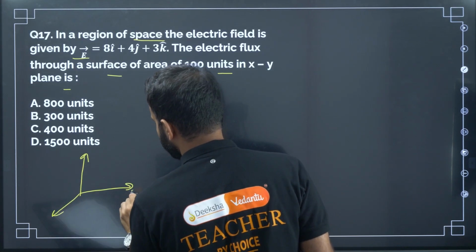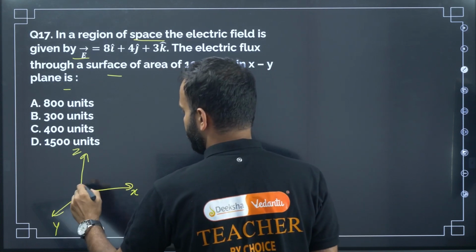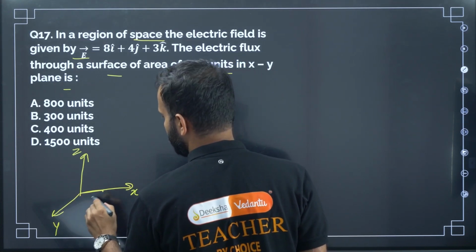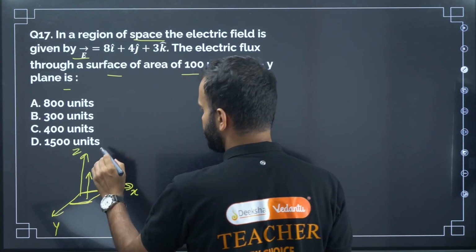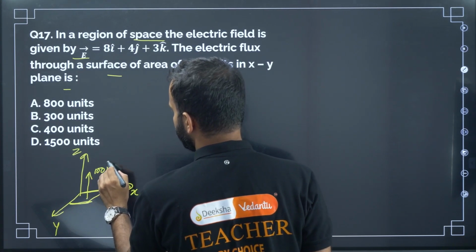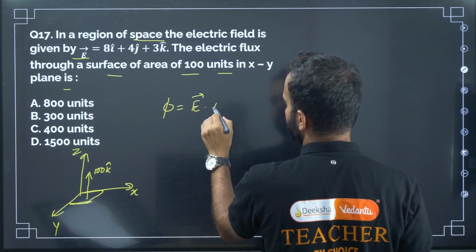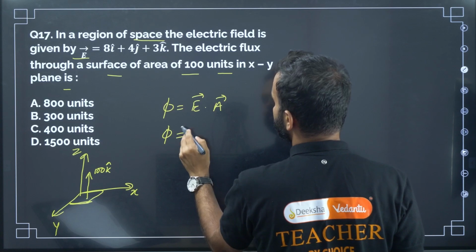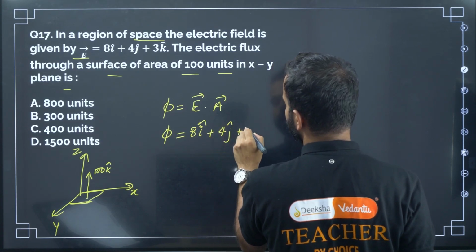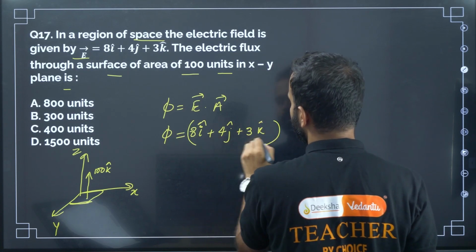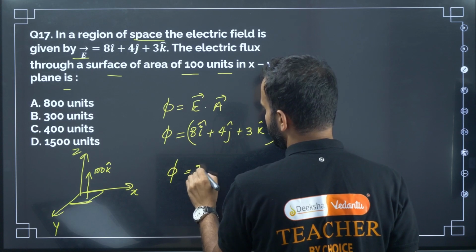Here x, y and z, so the surface area is along the xy plane, so the direction of the area vector is along the z axis. So this is 100 k cap. Now electric flux phi is equal to E vector dot A vector. So phi equal to (8i cap plus 4j cap plus 3k cap) dot 100 k cap. Solve this, you will get phi equal to 300 units.